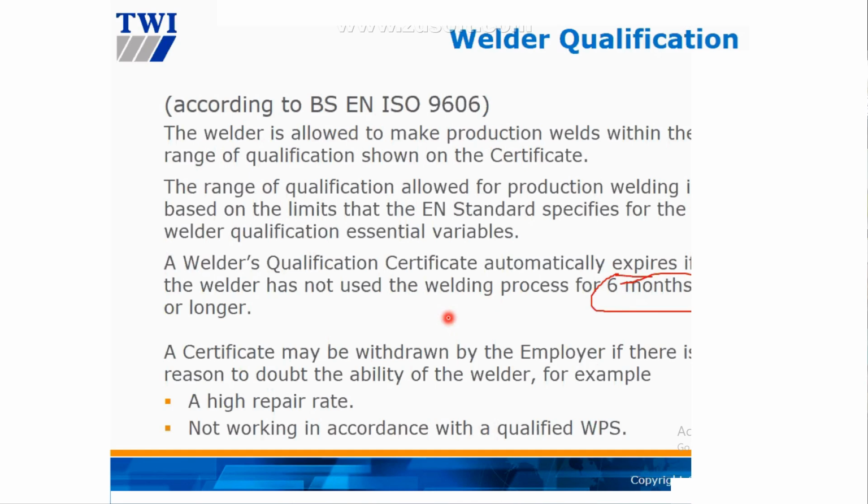If there is any record of production during 6 months, then the welder's qualification can be extended another 6 months, and that continues that way. But if there is a high repair rate and the welder is not working according to the WPS for more than 6 months, then we can withdraw the certificate.